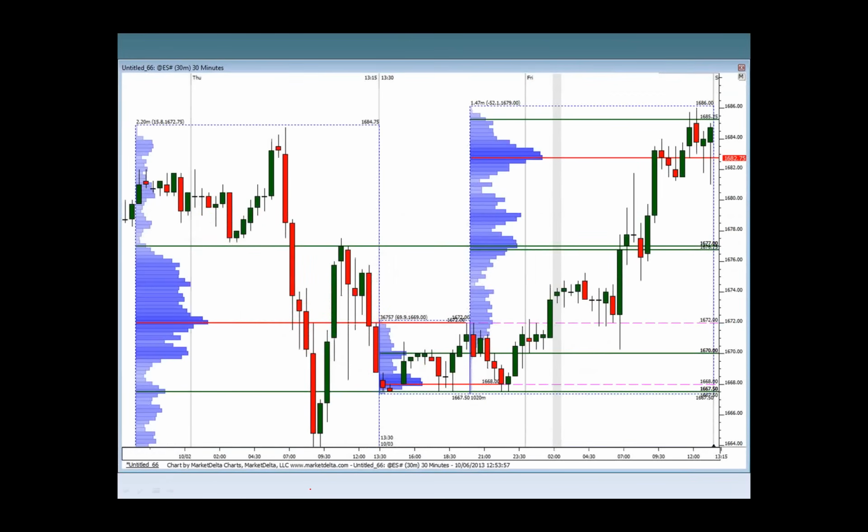Now, I mentioned to you earlier that we are going to look at the profile in tandem with the candlesticks. This is another feature in MarketDelta and InvestorRT that I just love, the idea of being able to display my profile on my candlestick chart.